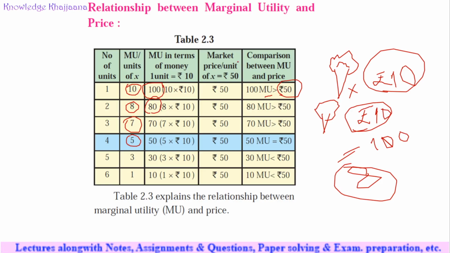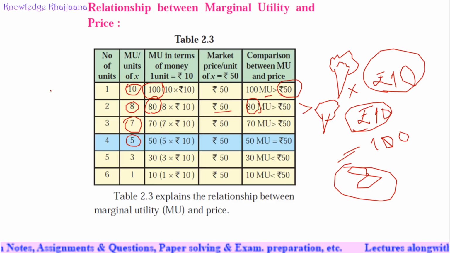What is the market price? 50 rupees. So if we compare the marginal utility with the market price, he is still in profit, because he got 80 utility, satisfaction. So it is an increase in profit.